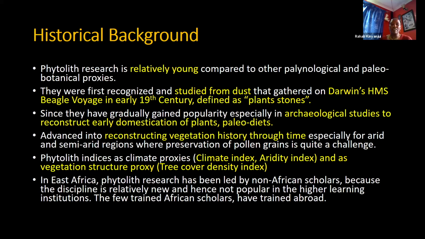Since then, they have gradually gained popularity, especially in archaeological situations to reconstruct early domestication of plants and paleodiets. Things like corn and cereals are grasses, and they have been very significant in human life throughout the historical record.